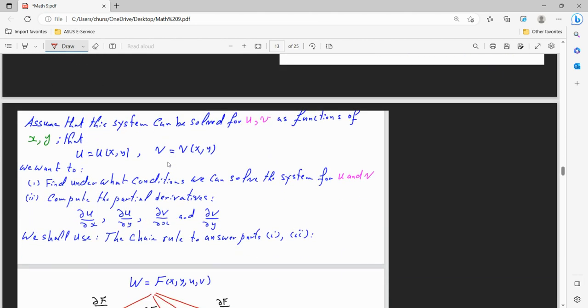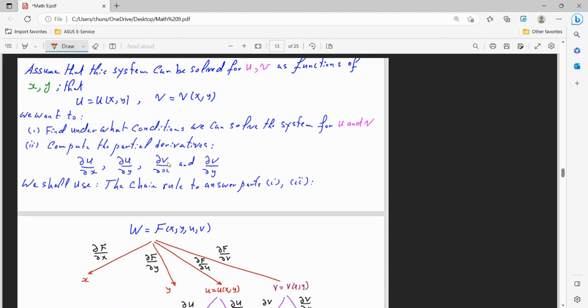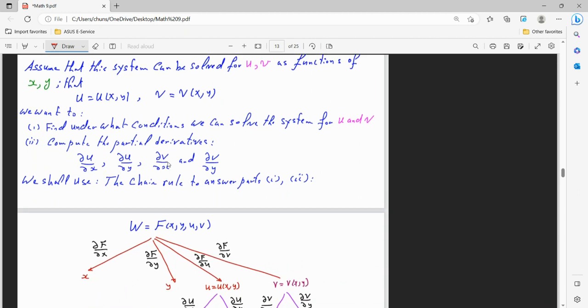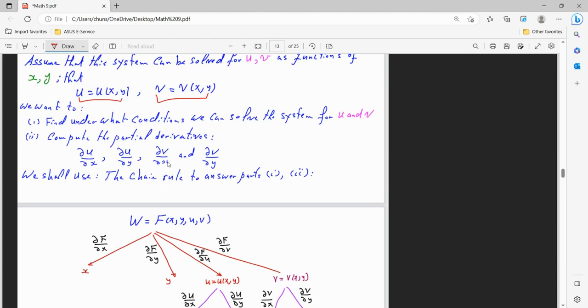So if we were to draw this out, here's how we can use our tree diagram from chain rule. I'll try and explain this in a different example. If we're given u and v, each of them as functions of x and y, and we have 4 variables, we would define all those variables up here.